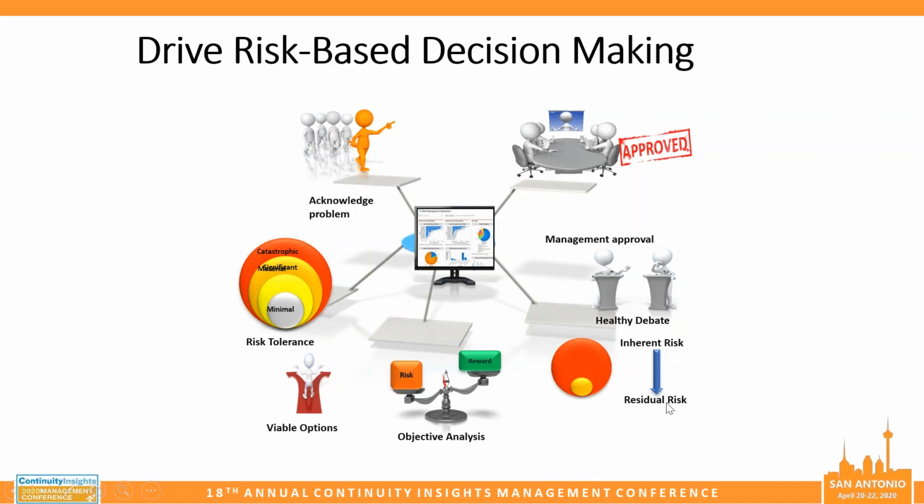We look at the inherent risk and the residual risk, and then we take it up to leadership and we say, hey, we've identified this thing. This is what we think we should do about it. We have a healthy debate about the pros and cons and the inherent risk and the residual risk, and then we get approval to implement new risk strategies to help mitigate the risk that we've identified.